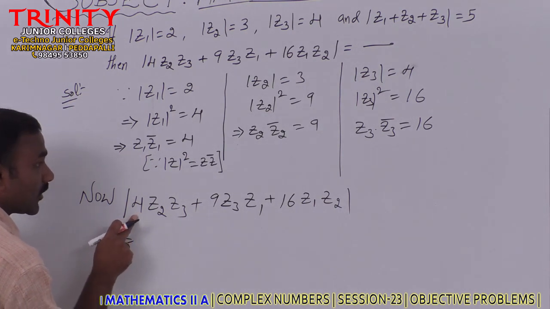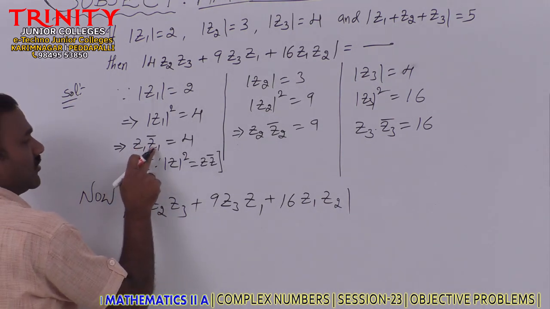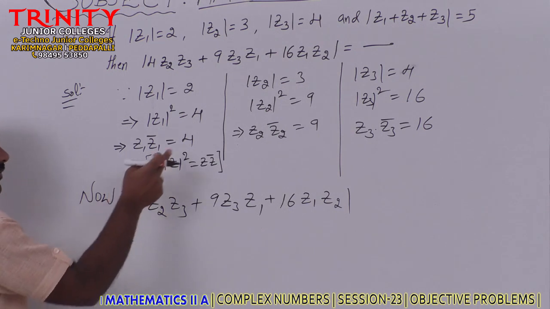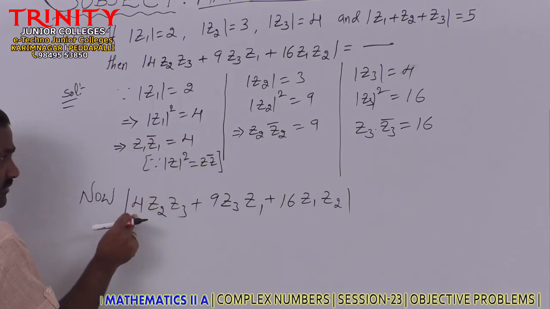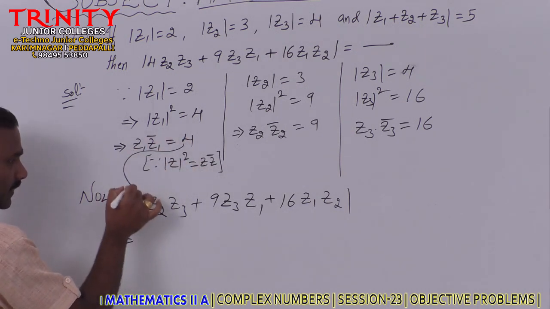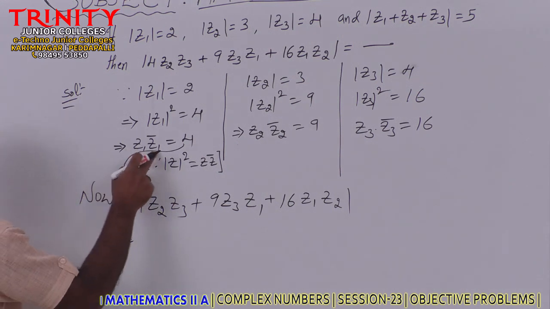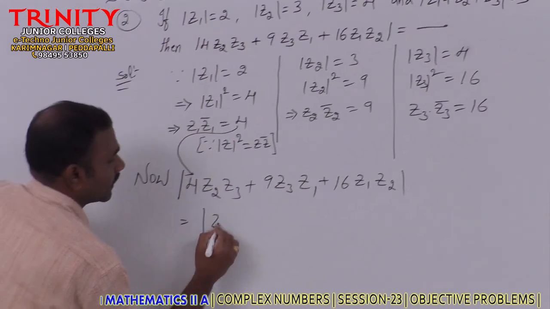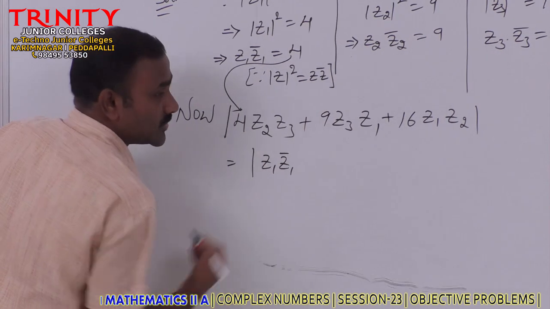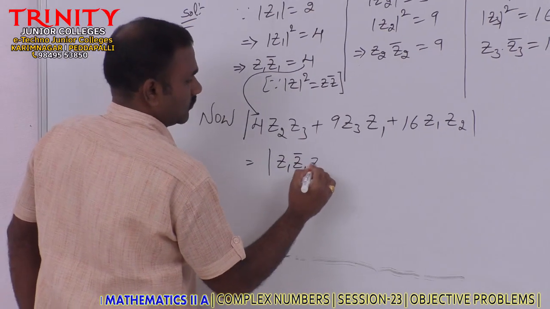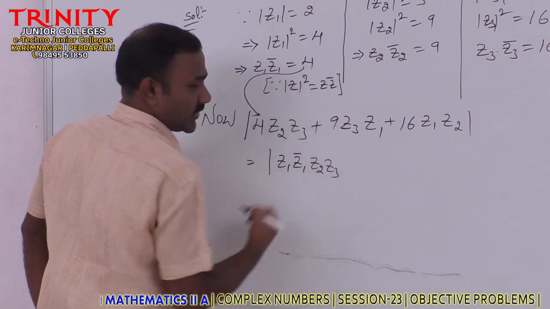Can I write this 4 as z1 z1 bar? This 4 can be replaced by z1 into z1 bar, into z2 z3 as it is.